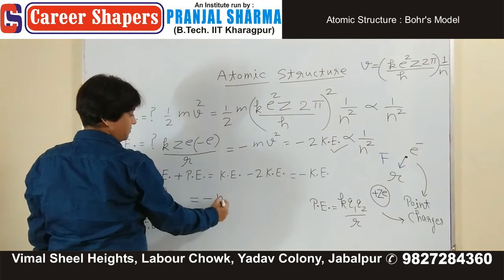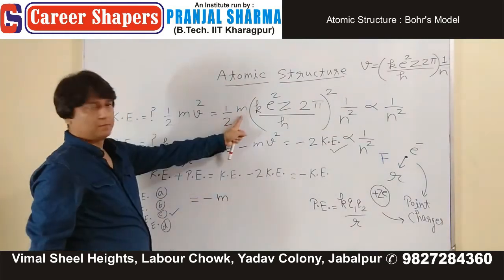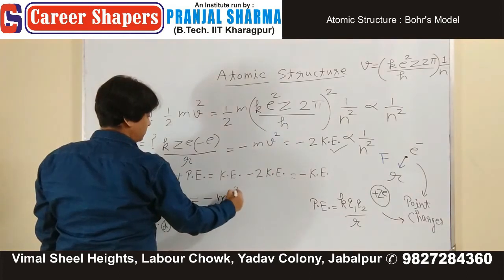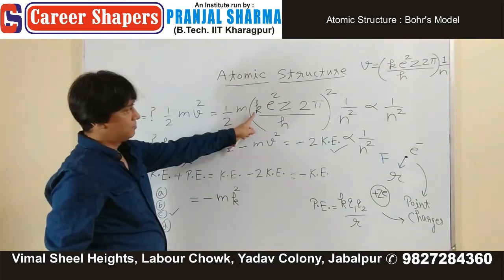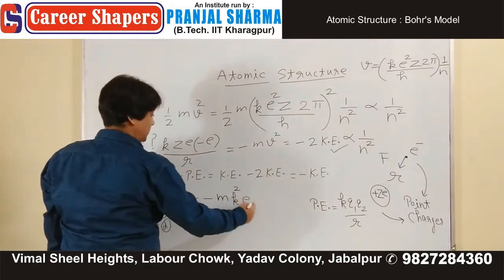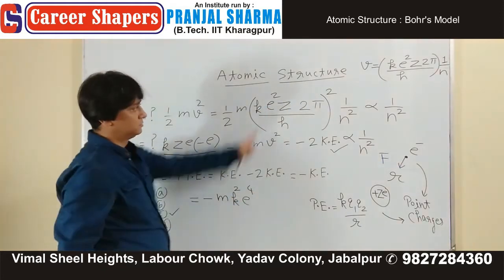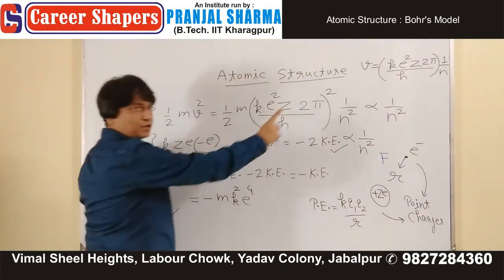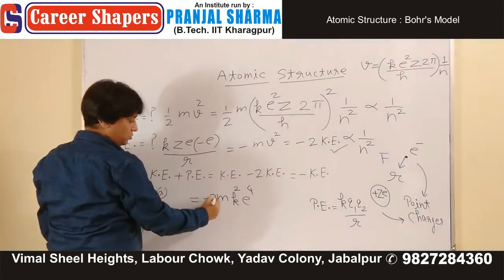M K square M K square e to the power 4. This 2 square is 4 divided by 2 is 2.